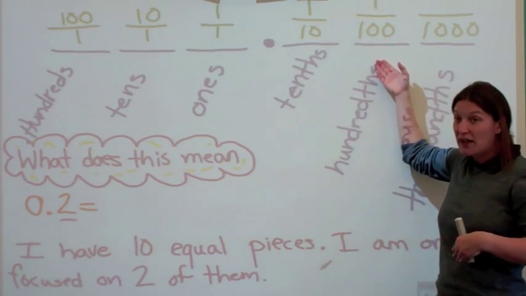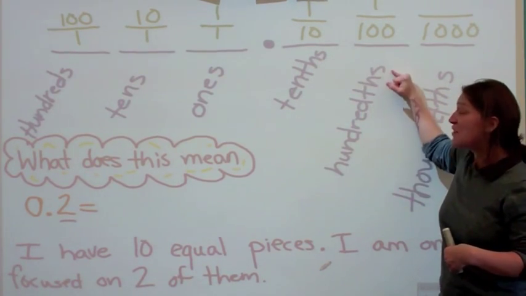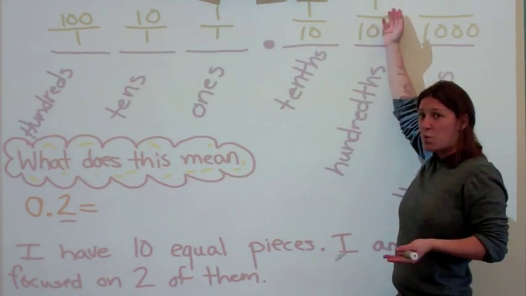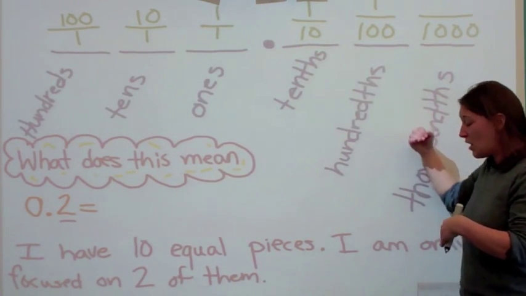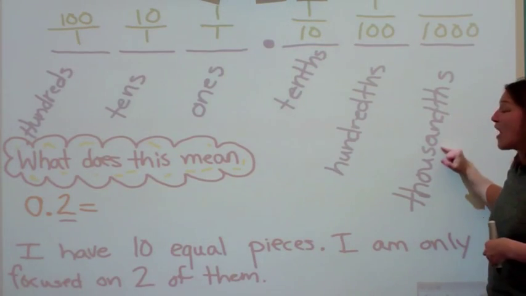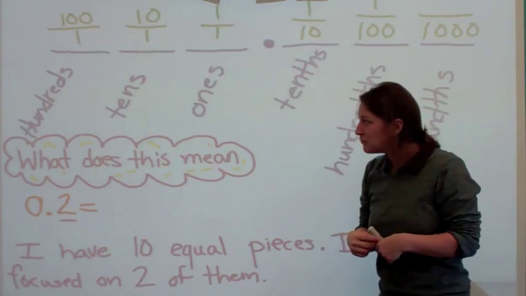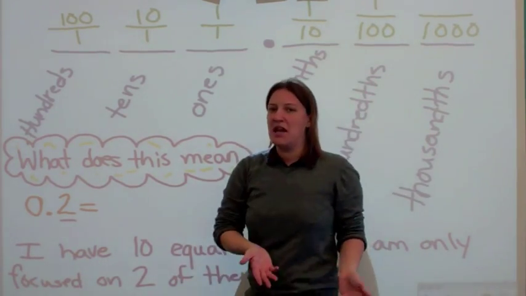If it's 2 places out beyond the decimal point, that's going to be the hundredths place, and that just reminds me that it's 1 out of 100. And then, again, 3 steps away from the decimal point would be the thousandths place, which is really 1 out of 1,000. So what does this mean?